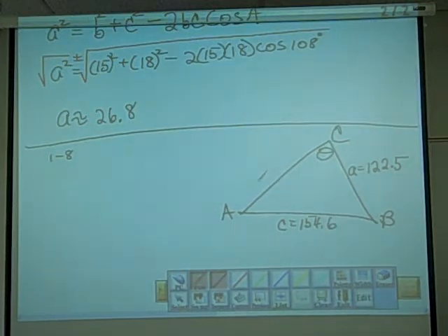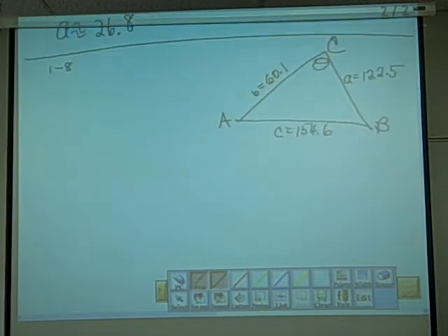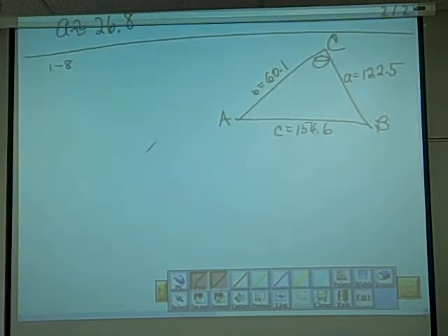And we do know side B is 60.1. So we need to find angle C. Alright, so for this first group of problems, we're only going to find either one side or one angle.